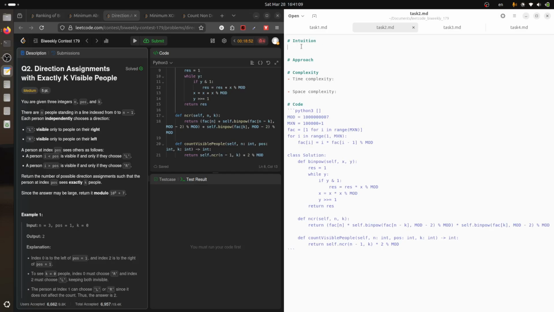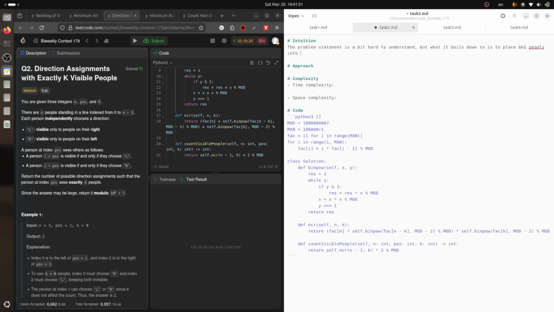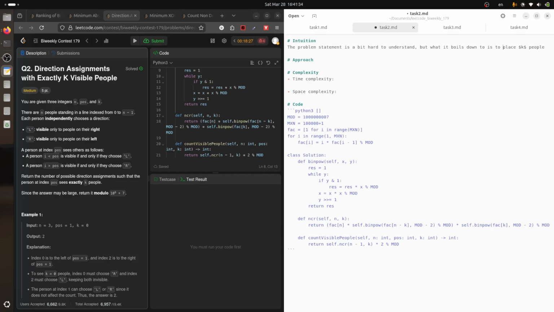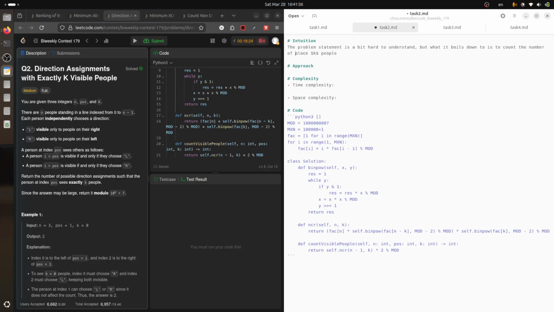So we need to place, okay, the problem statement is a bit hard to understand, but what it boils down to is to count the number of ways to place k people into n-1 positions.